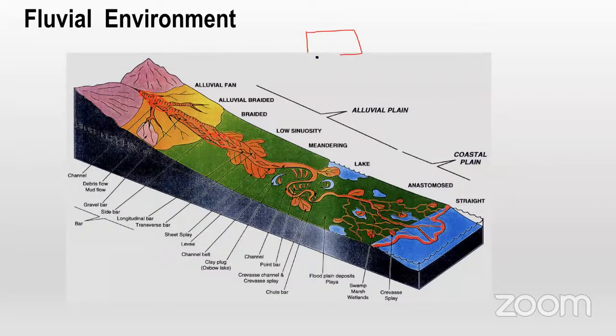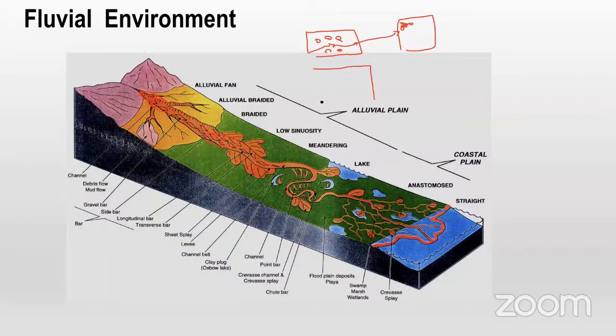If we have an area with solution, the water between the grains dissolves the ions, it contains the ions, and it goes to another area. It precipitated as cement between the grains, and because of that cementation, we don't have porosity.